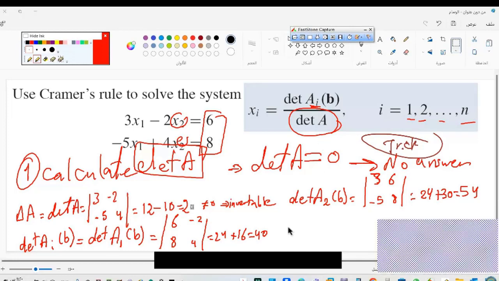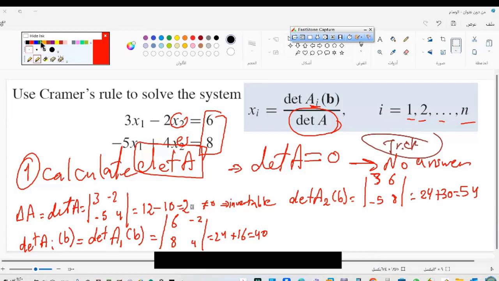Now, the last part. x1 is delta A1(b) over det A. What is it?